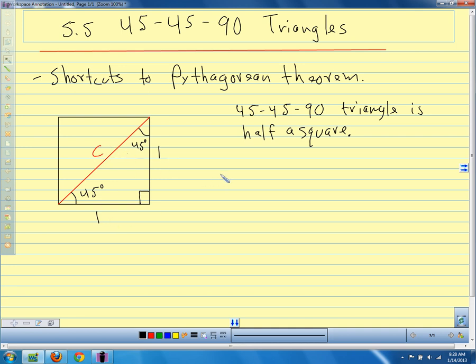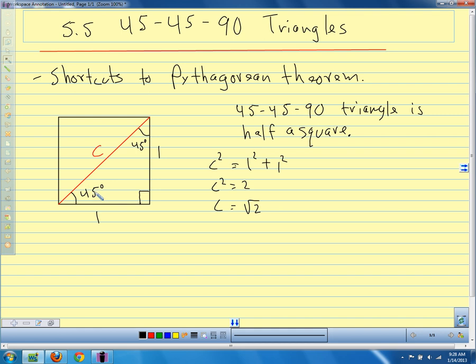So C squared equals 1 squared plus 1 squared. Well, 1 squared is 1 and 1 squared is 1. So C squared equals 2. And to undo the square, what do we do? Square root. So C is the square root of 2. So the length of the hypotenuse of this 45, 45, 90 is square root of 2.